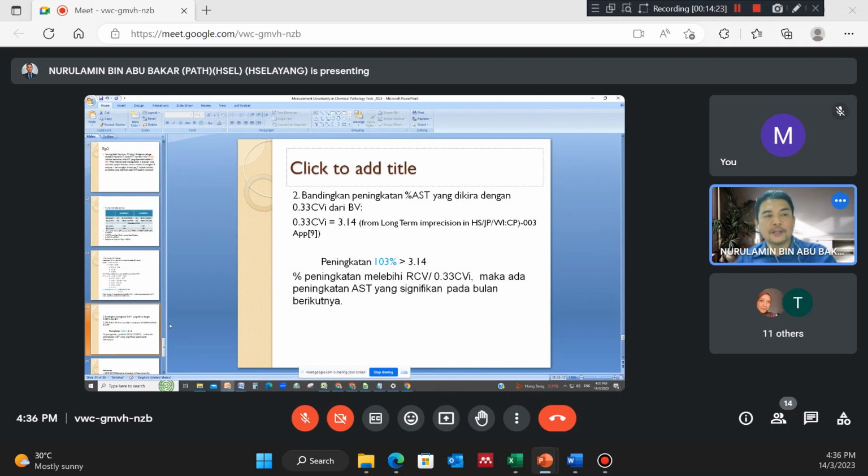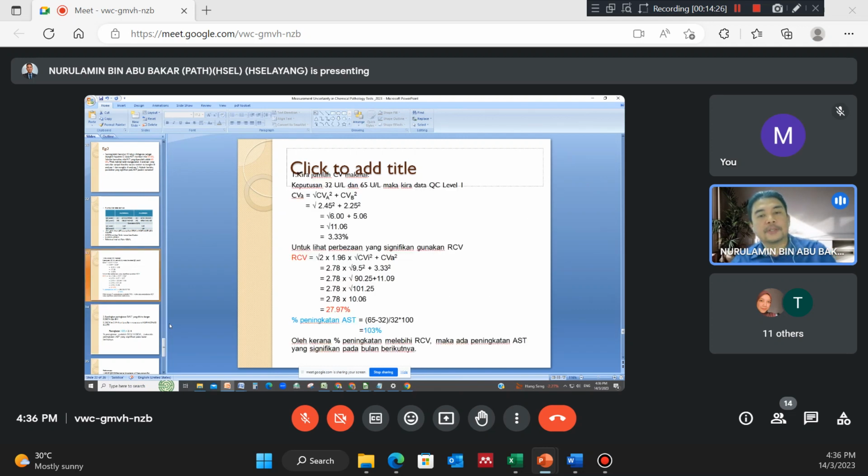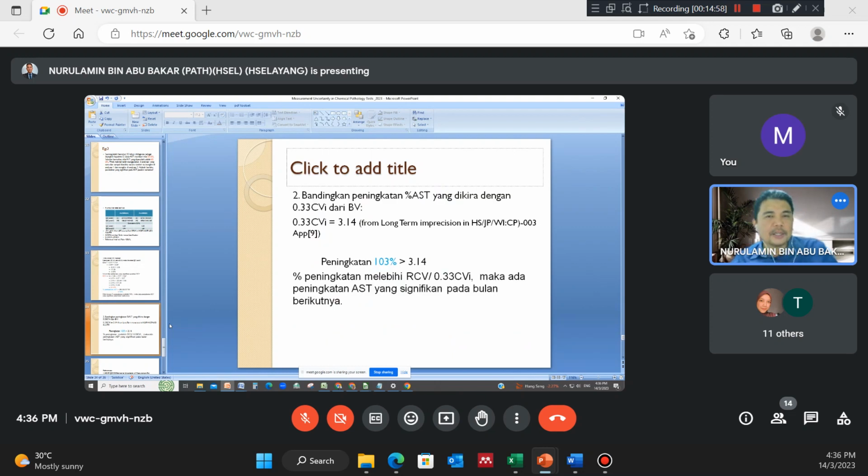It's a bit complicated, but for me the most relevant way to implement the RCV in this situation is just to compare our RCV calculation with the percentage of difference from two consecutive results. Because anyway, the 0.33 CVI has been in the WI of Hospital Selayang.